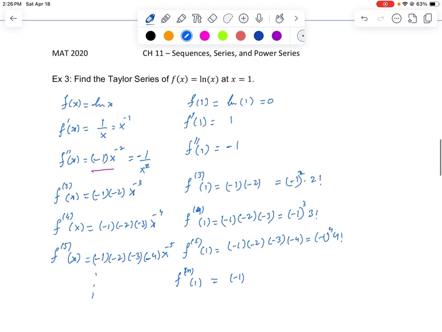So 1 less, and similarly, the power on negative 1 is 1 less than the number on the factorial. So this will be n minus 1, and then n minus 1 factorial. Or you could say the nth derivative is negative 1 raised to the power n minus 1 times n minus 1 factorial.